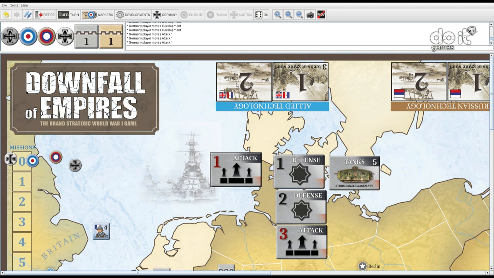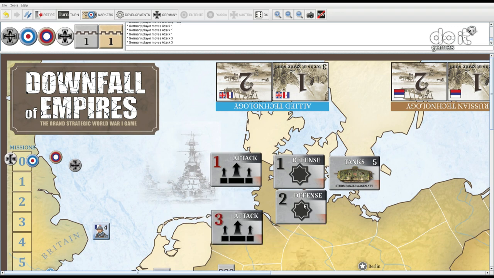Another thing is that technologies have some restrictions, so you have to develop them in order. For example, I need defense level 1 to develop defense level 2, and I need, it's not here, but I need attack 1 and 2 to develop level 3 attack.